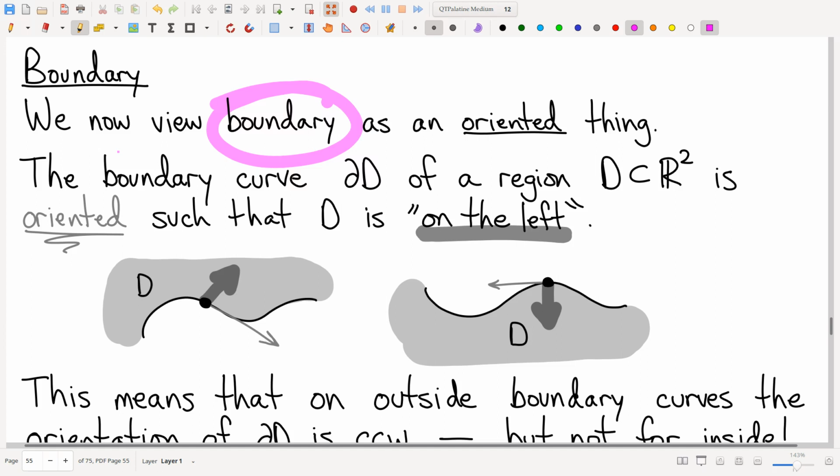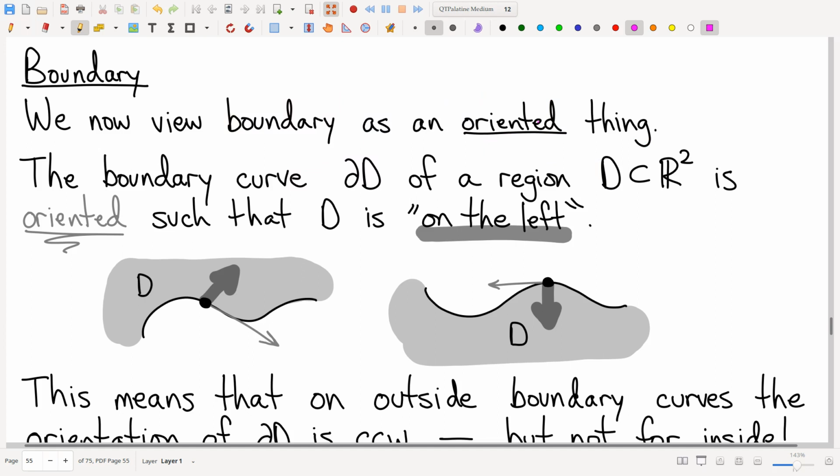It's just the edge, the border. Not a deep idea, but we're going to tweak this. Henceforth, boundary will be an oriented thing, oriented according to a certain convention. And this is going to be consistent through the rest of chapter 6 and the rest of chapter 7. Boundary now means oriented according to a certain convention.